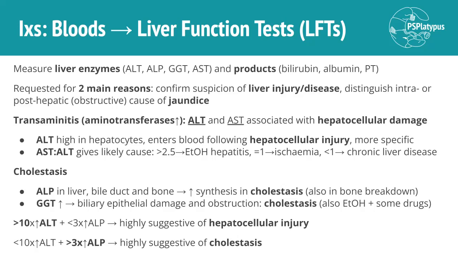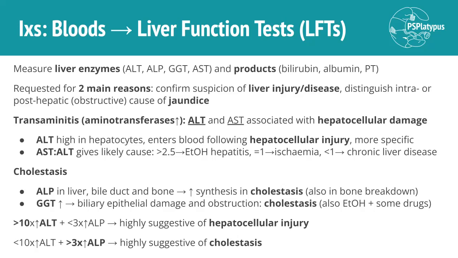So you have to look at certain thresholds. So if there's a more than 10 times increase from baseline of the ALT and a less than 3 times increase of ALP from baseline, then that's highly suggestive of hepatocellular injury. But if the ALT is less than 10 times increased from its baseline, and the ALP is more than 3 times increased from its baseline, then we're looking at cholestatic.